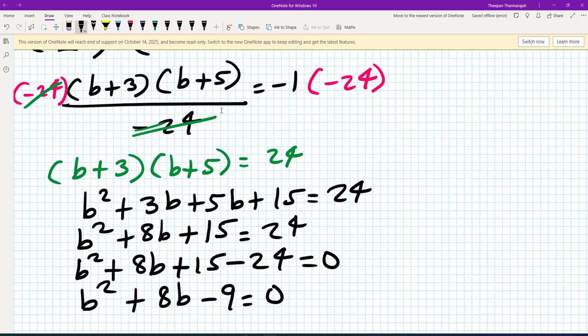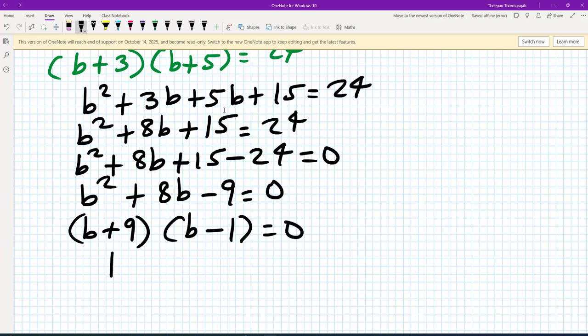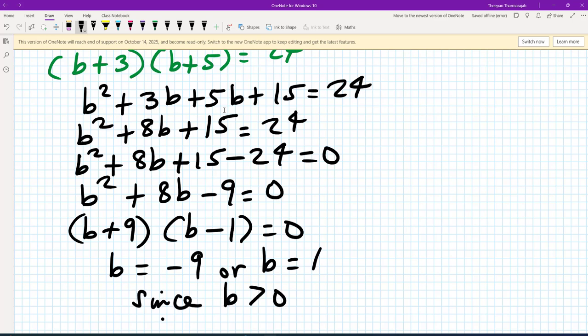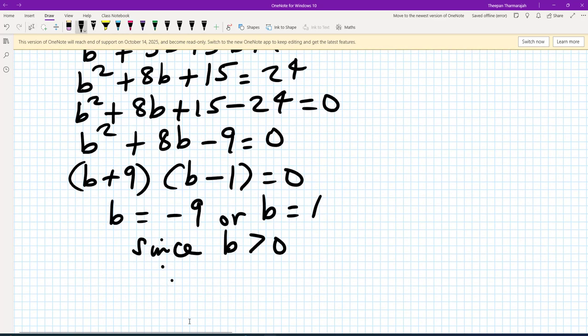We're going to solve our quadratic equation here. So we get (b plus 9)(b minus 1) equals 0. So our solutions are b equals minus 9 or b equals positive 1. But since b is greater than 0, therefore b is equal to positive 1 as required.